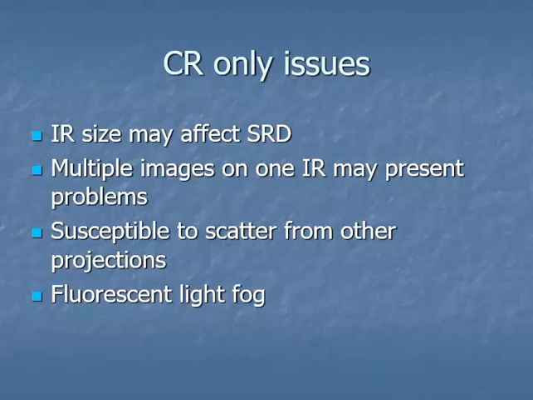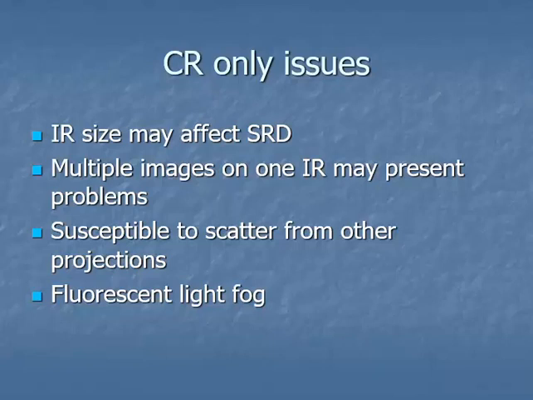If the system can't make sense of the collimated area maybe being non-parallel, or the collimated borders being projected off of the image receptor, the machine in a lot of cases can't make sense of that. So that would be susceptibility to scatter from other projections plus your collimation together. You may have not only some fog issues, but also you may have some histogram analysis failure there as well.